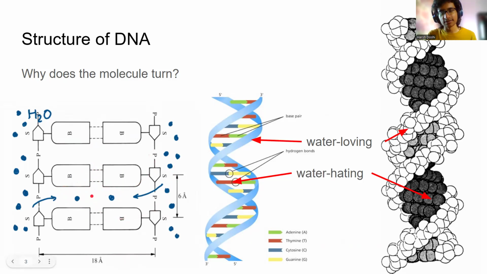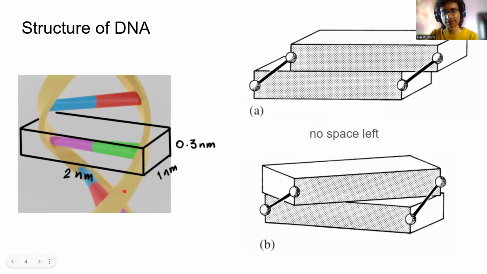In order to avoid this, one of the ways that DNA can structure itself is to minimize the space between these bases. So again, I've shown the same thing here. The DNA strands are shown in yellow here, the backbone, and the bases are shown as a cuboidal box.